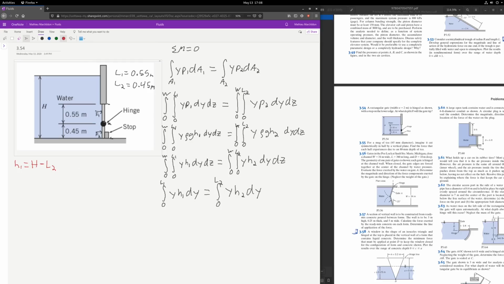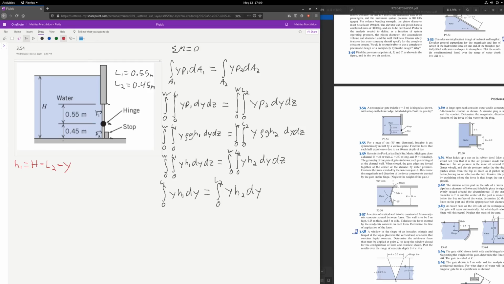Now, h1 here is a function of y, because as we move up, let's say y was equal to L1, which is our bound of our integral, now we want this total height to be h minus L1 and L2. That means that if we add minus y right here, we get the correct equation.